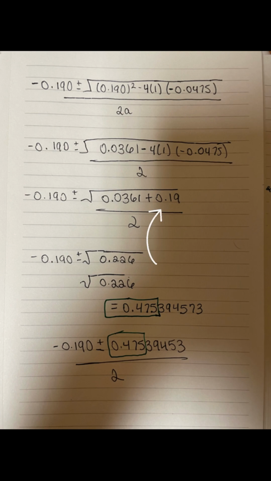So overall, you should have the quadratic formula of negative 0.190 plus or minus the square root of 0.036 plus 0.19. You would just add those values together to get 0.226, and then this is where the video continues.